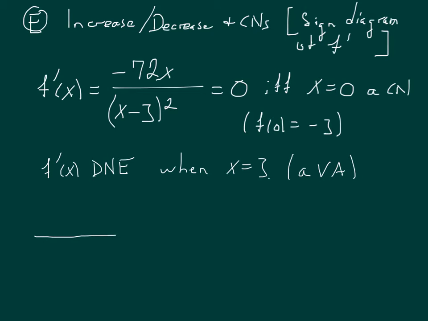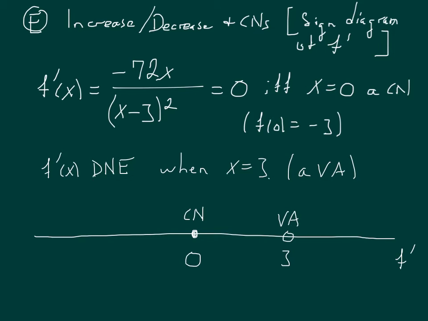Nonetheless, when looking for the sign diagram for f prime, what do we want? We want to put on all those places where f prime is 0 and where it doesn't exist. We just saw that it's 0 at 0, and it doesn't exist at 3, so put a round circle there at 3. This was a vertical asymptote. This was a critical number. Just note that.